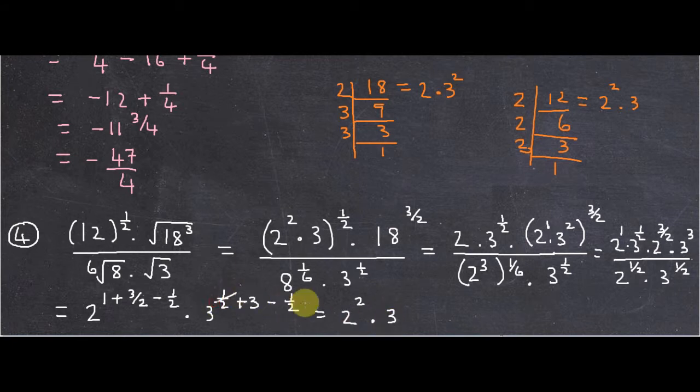The halves cancel here, and we're left with 3 cubed. And this, of course, is 4 times 27, which is 108.